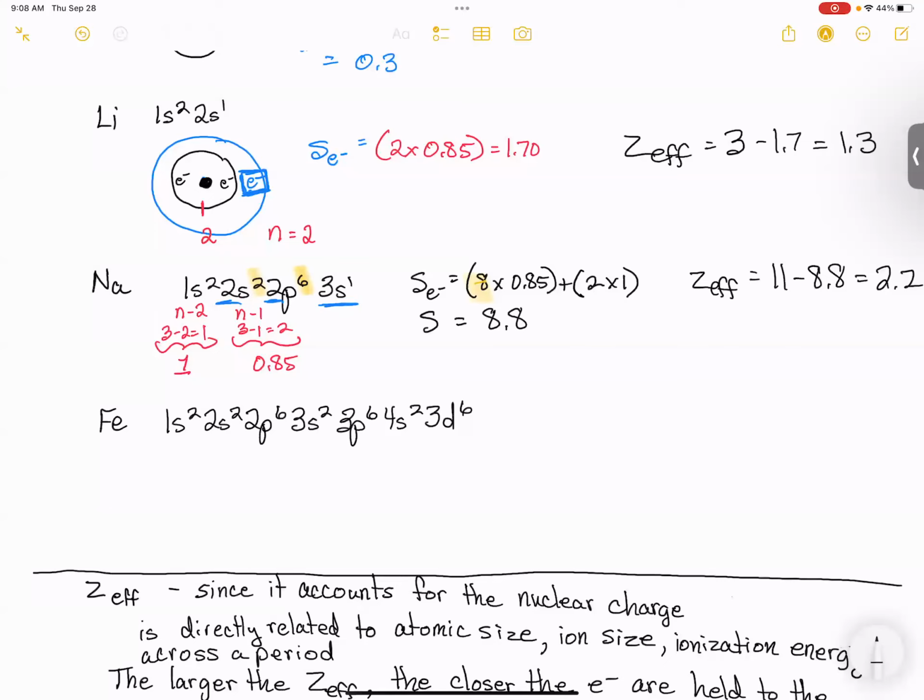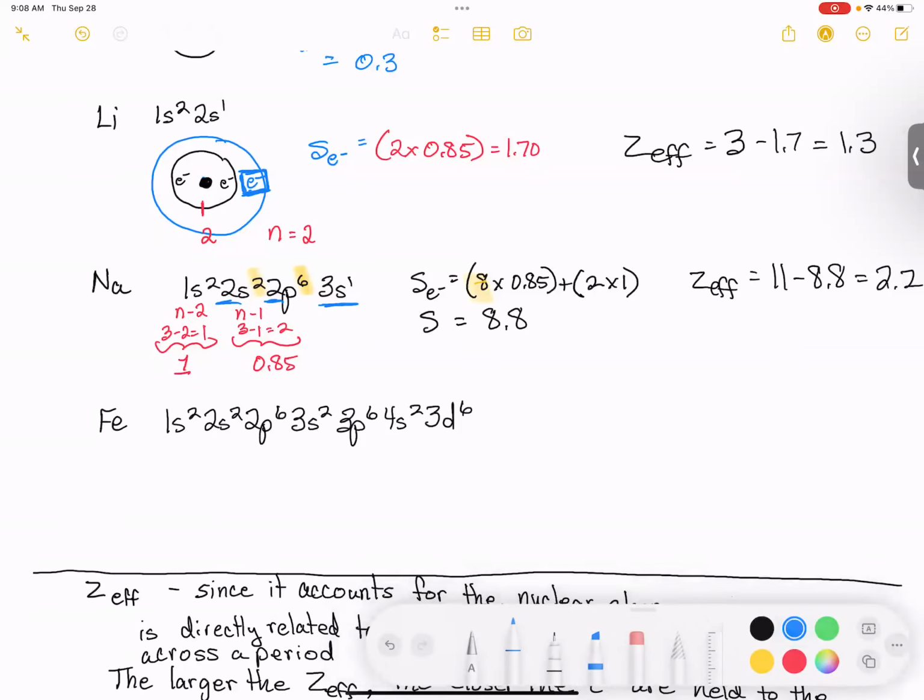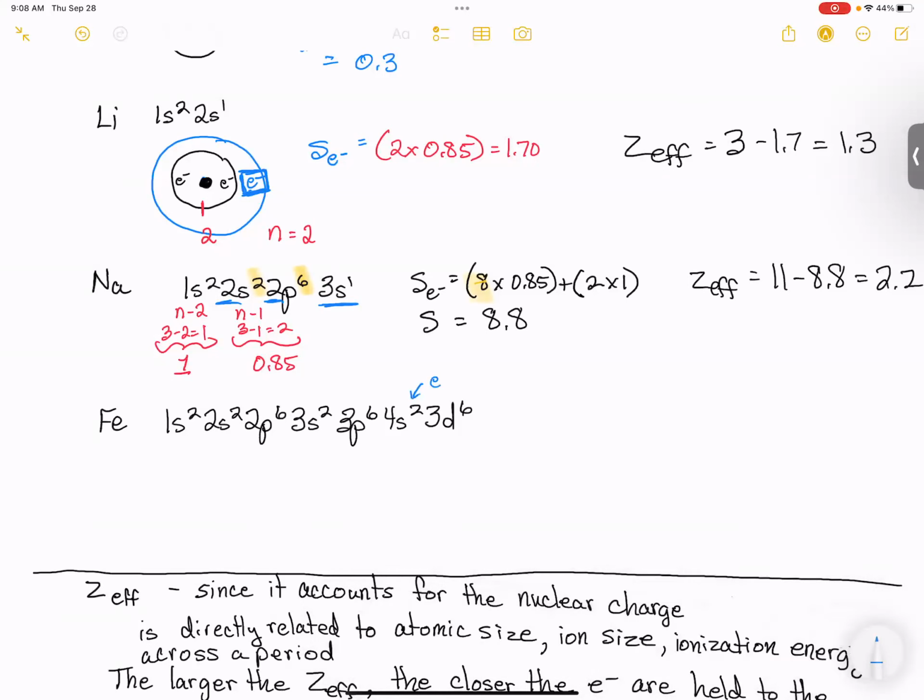Now, I am going to evaluate one of these electrons.